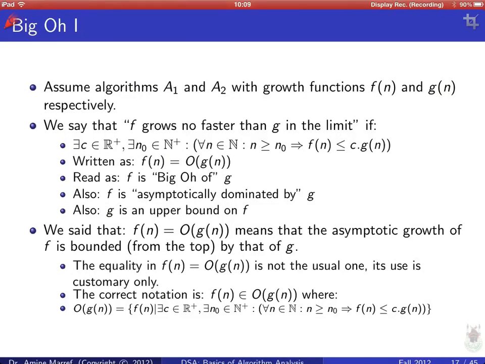That means A2 grows faster than A1. So f grows no faster than g, so that means g is growing faster than f. Now if g grows faster than f, then which algorithm is more efficient, A1 or A2?